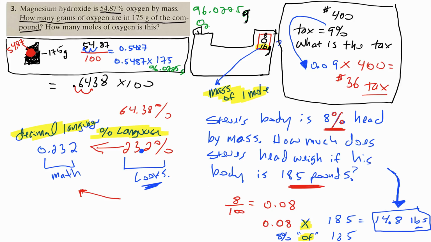So how many moles of oxygen do we have? We have 6 moles of O2. 6 moles of oxygen. Six moles.